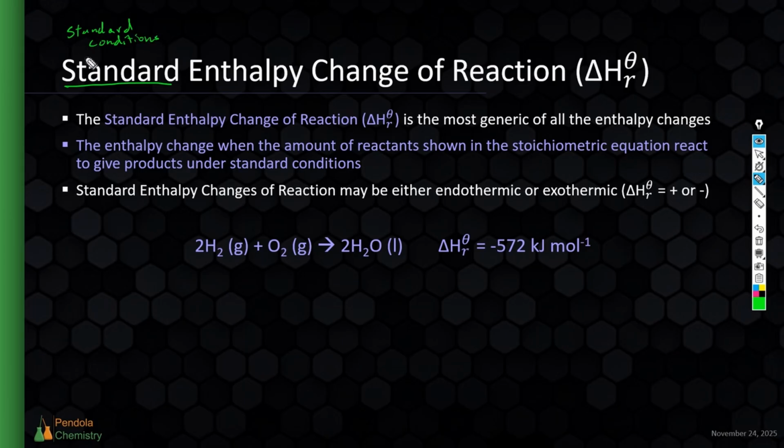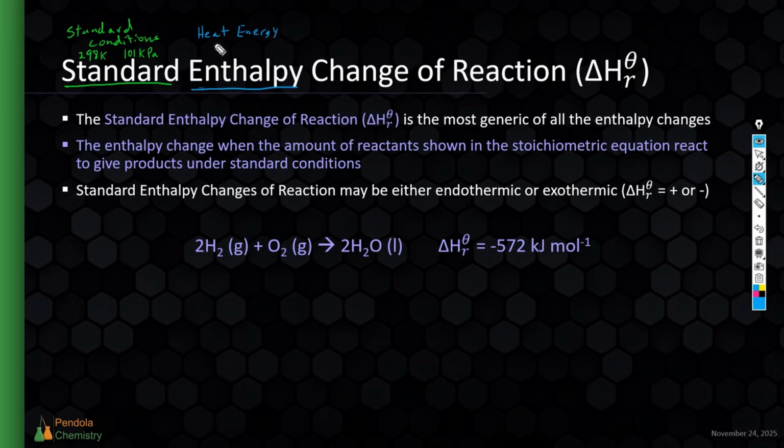So those are going to be 298 Kelvin of temperature, 101 kilopascals of pressure, and everything is in the standard state, or the state at room temperature and pressure normally is at. Enthalpy means heat energy.